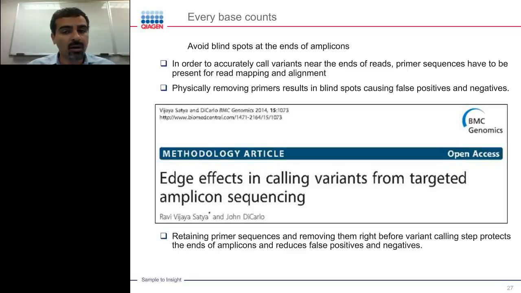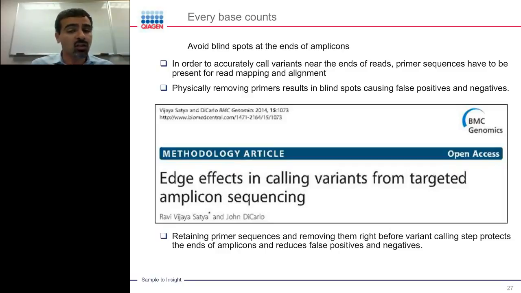So if you have the primer sequences still intact and take that read through sequencing with the primer sequences, you end up protecting the ends of the amplicons, which allows you to call variants that are present within the ends of the amplicons.